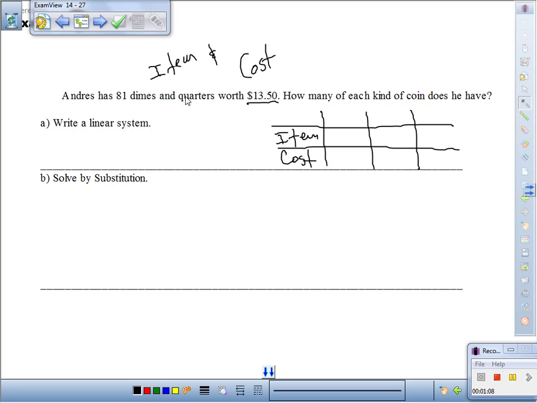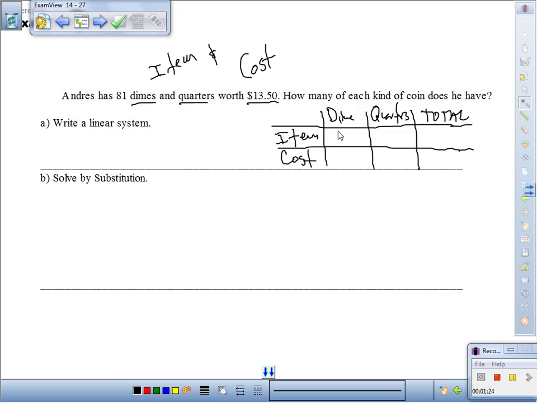So what items are we talking about? Dimes and quarters. So I'm going to label that one here, dime, quarters. And here are total. Question. Do we know how many dimes we have?